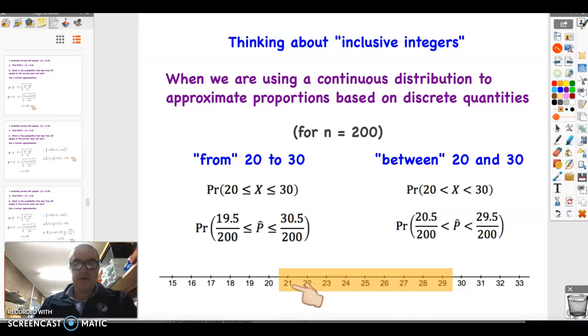We're starting at 21, finishing at 29. So our proportion has to take everything from 20.5 to 29.5. I'm not sure if I explained that really well. It might be a bit tricky, but it's something you have to keep in mind when you are talking about continuous distributions and discrete distributions at the same time.